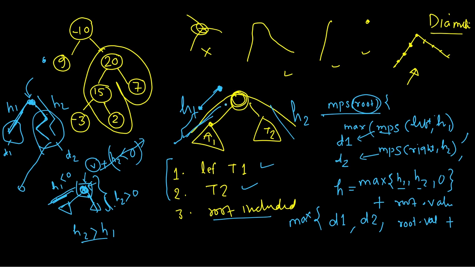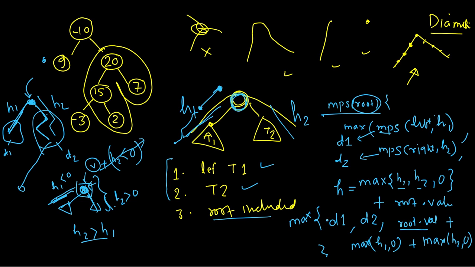Now we will include h1 if h1 is more than 0. So max of h1 or 0, plus max of h2, 0.